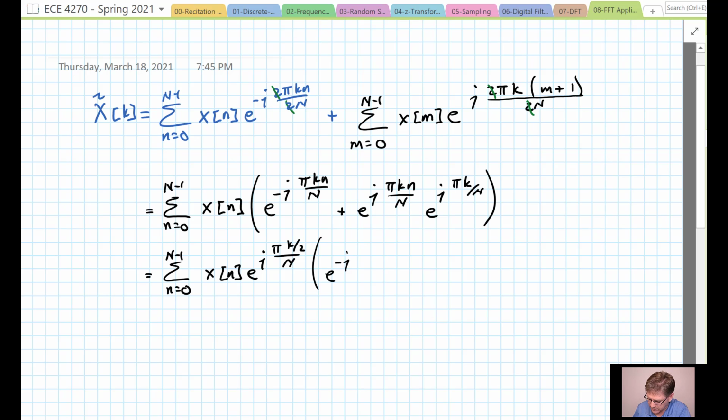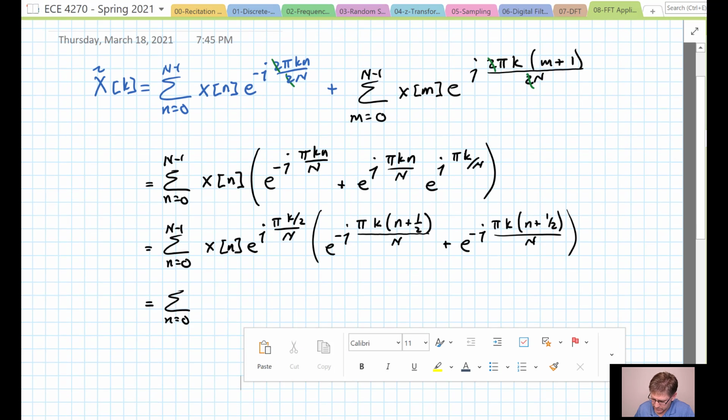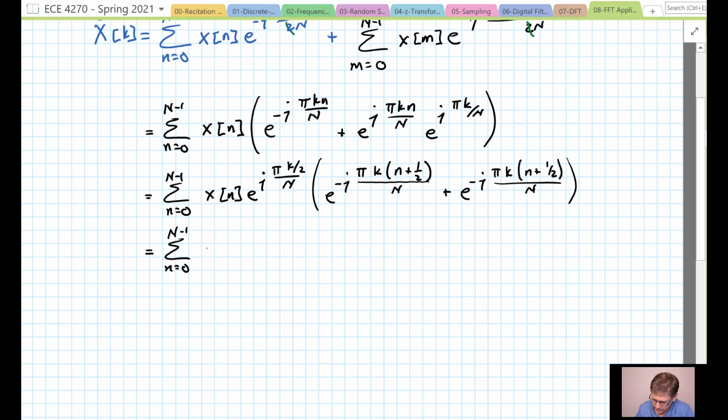So this is going to be e to the minus j pi k (n plus 1/2) over N plus e to the negative j pi k (n plus 1/2) all over N. Oh, this is looking good. Turns out it is looking good, but we'll see it's not exactly what we want.